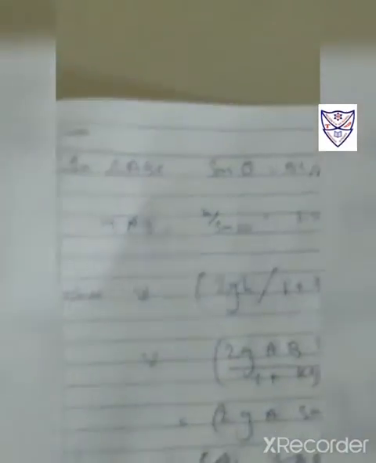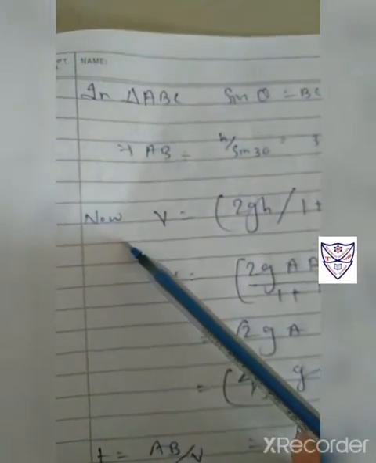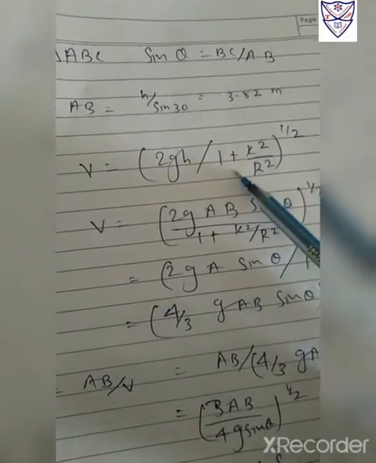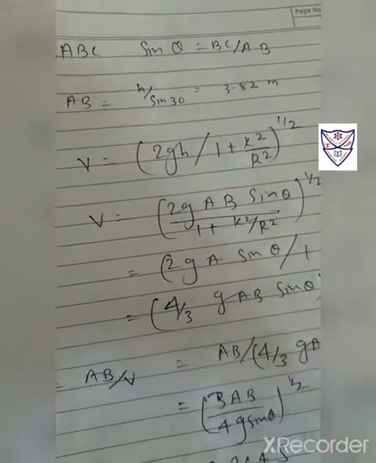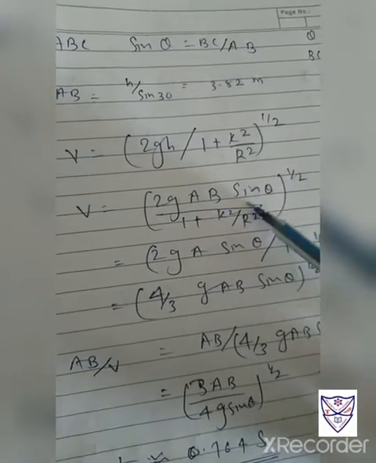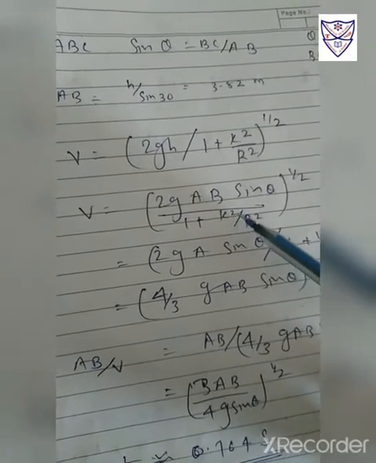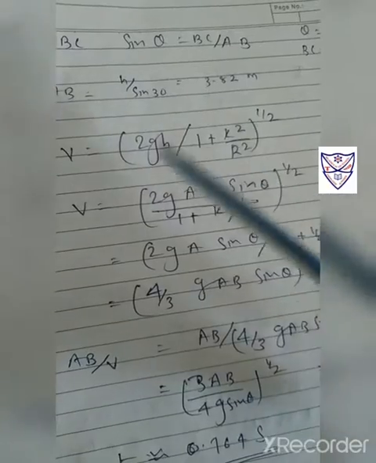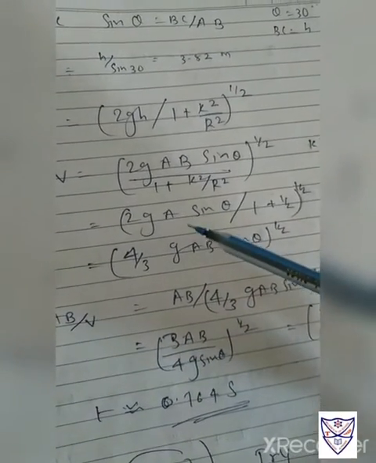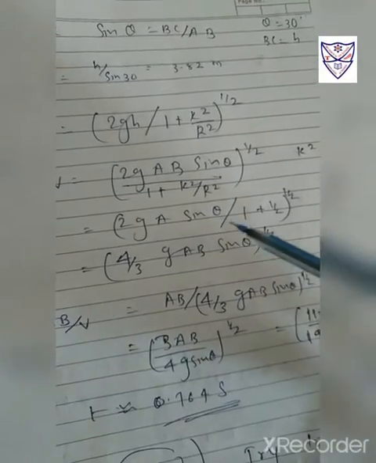So I can write V is equal to the square root of 2GH divided by 1 plus K square upon R square, which is equal to half. So V is equal to 2G AB sine theta over 1 plus K square upon R square equal to half. I've taken the LCM. After taking the LCM, you can place the value of it.